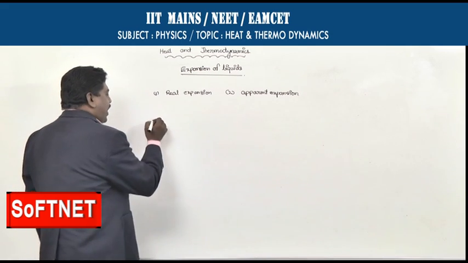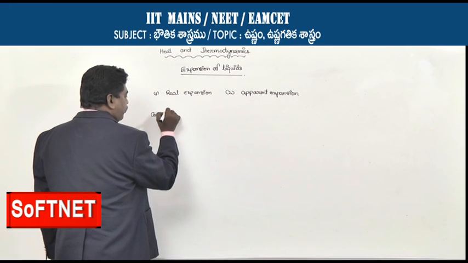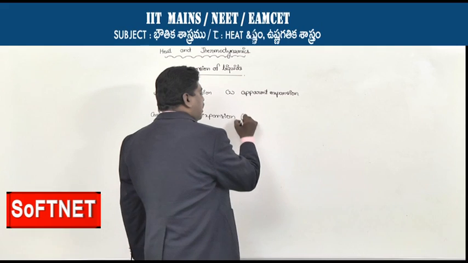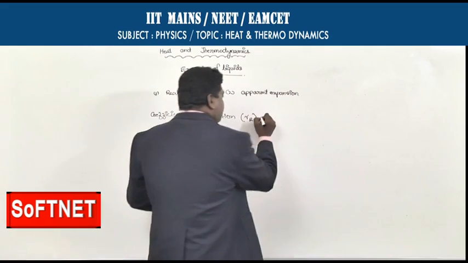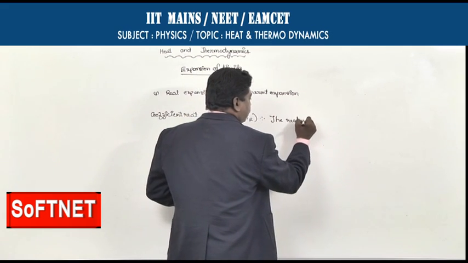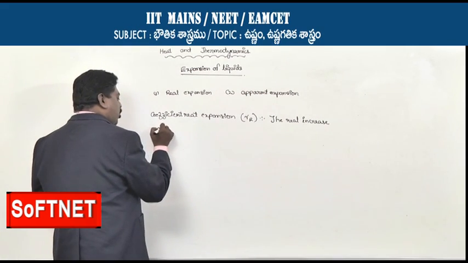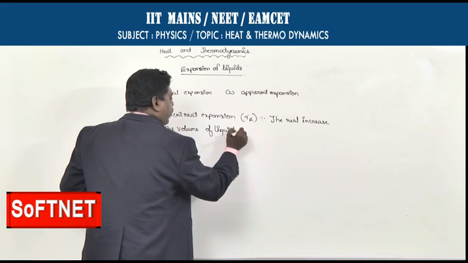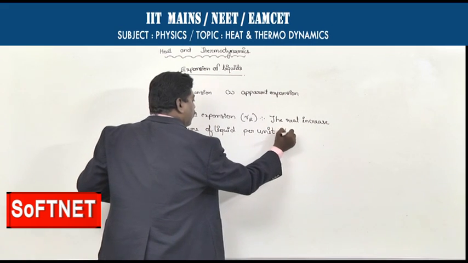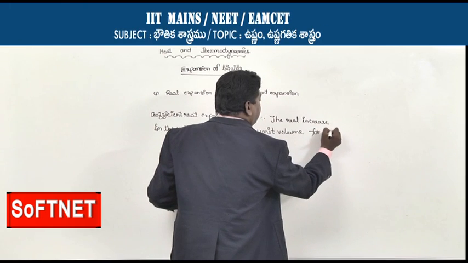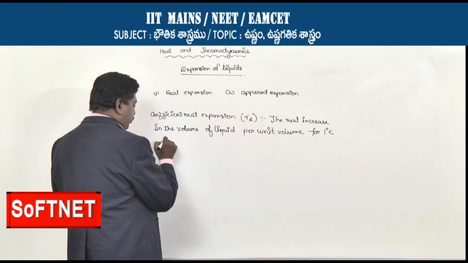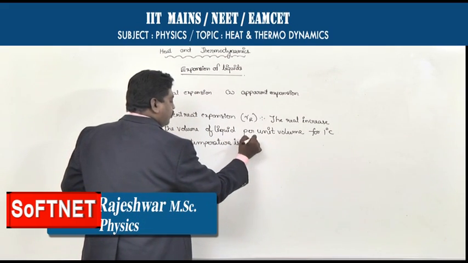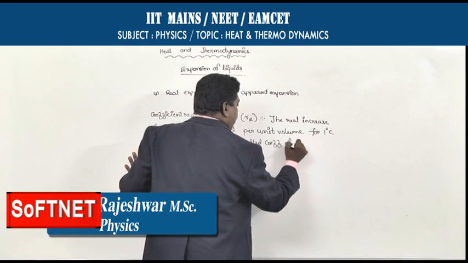In the case of real expansion, we are having coefficient of real expansion, denoted by the symbol gamma r, and it is defined as the real increase in the volume of liquid per unit volume for 1 degree Celsius rise in temperature is called coefficient of real expansion of liquids.